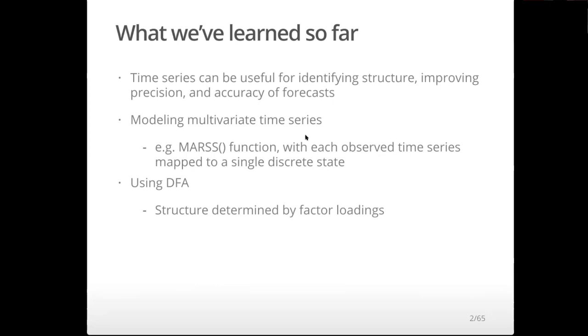But if we're interested in doing forecasts or making inference for different time series, we're also interested in making estimates that are as precise as possible given the data that we have. So we've done this using the MARSS type model, where we have a collection of time series, and then we map them onto latent states. And then we have models like the DFA approach, which is not mapping time series directly onto states, but is estimating what those weights are via these loadings.